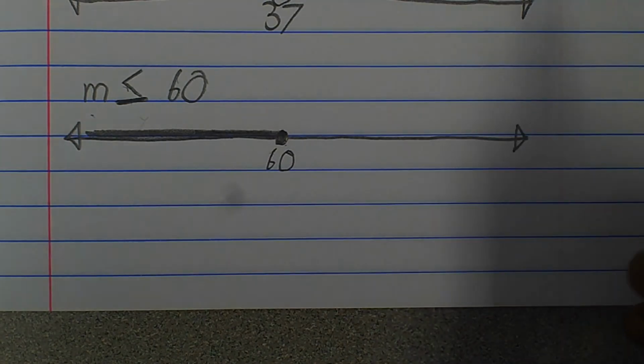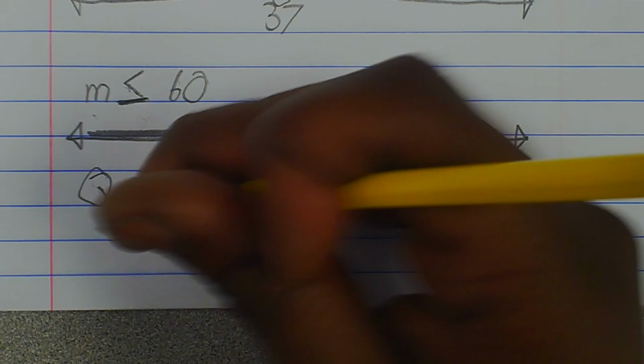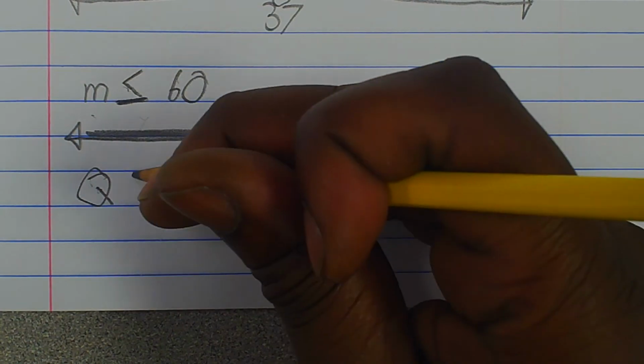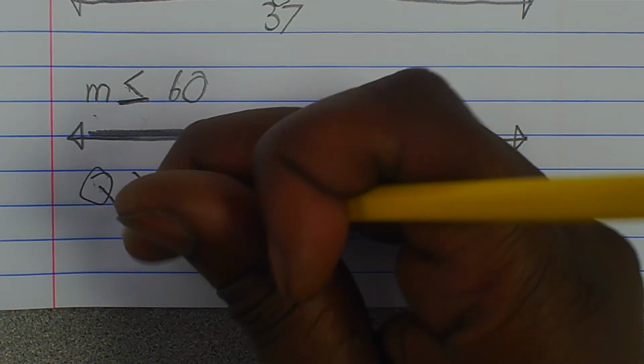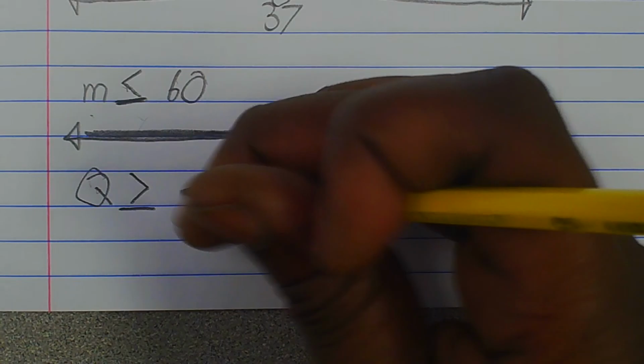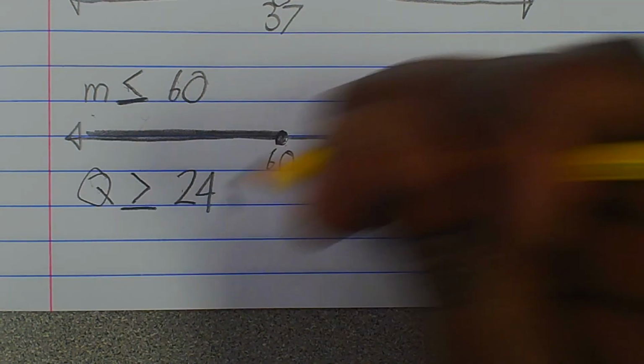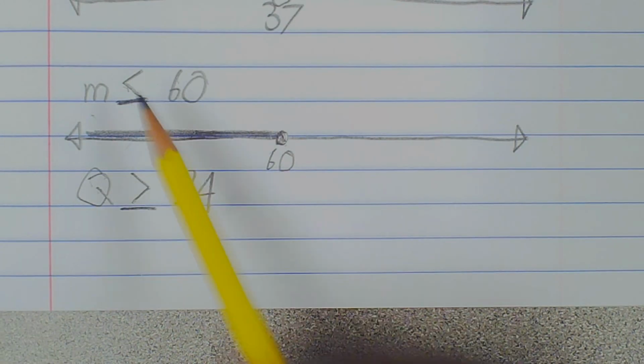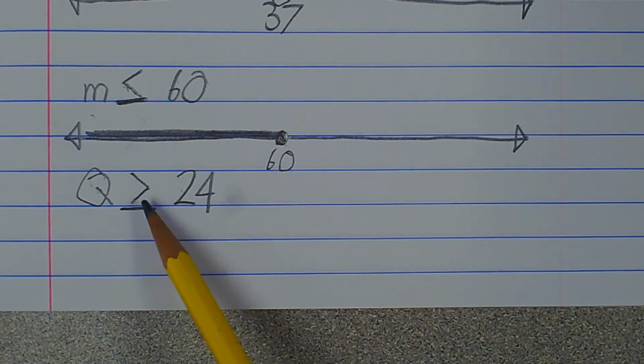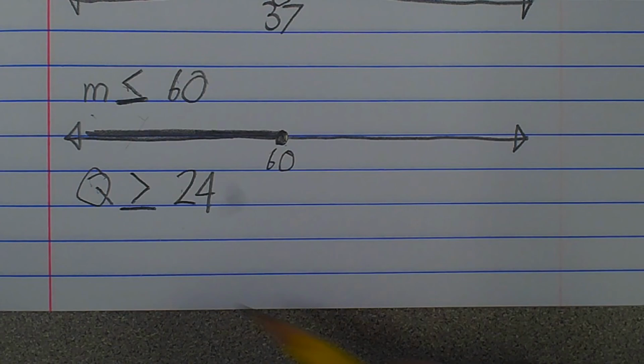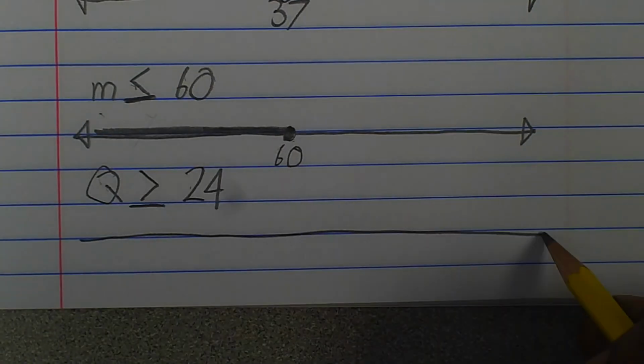And similarly, if we have Q is any number that is greater than or equal to 24. Remember, less than or equal to, closed circle. So that means greater than or equal to will also have a closed circle on the number line.